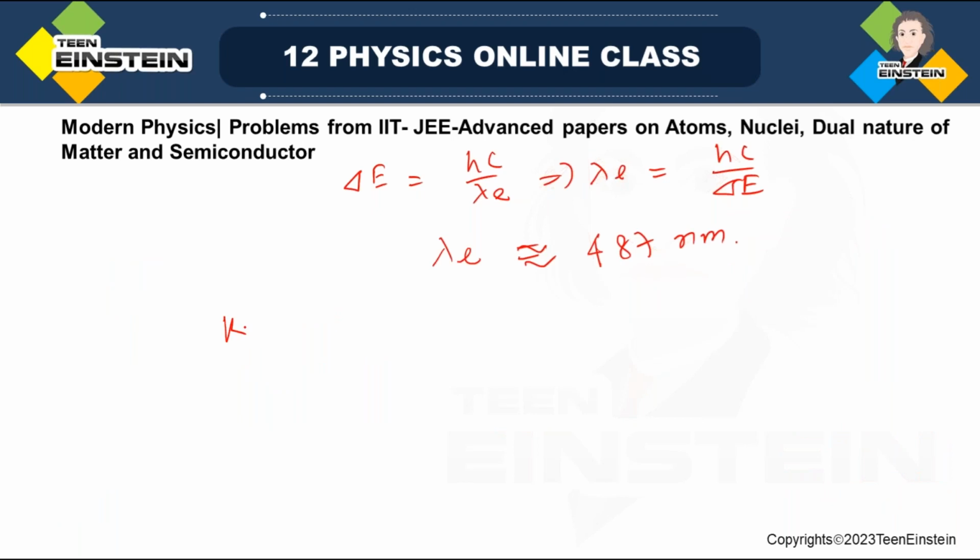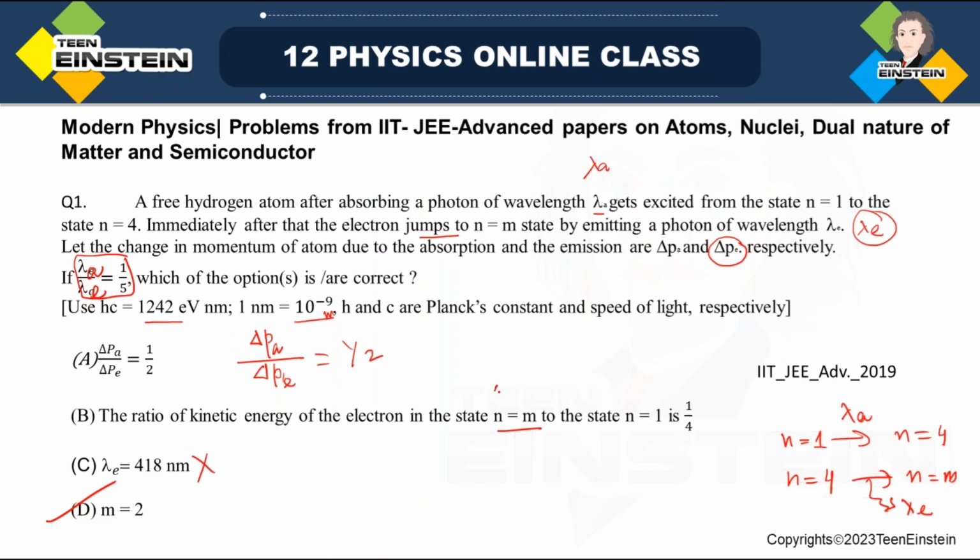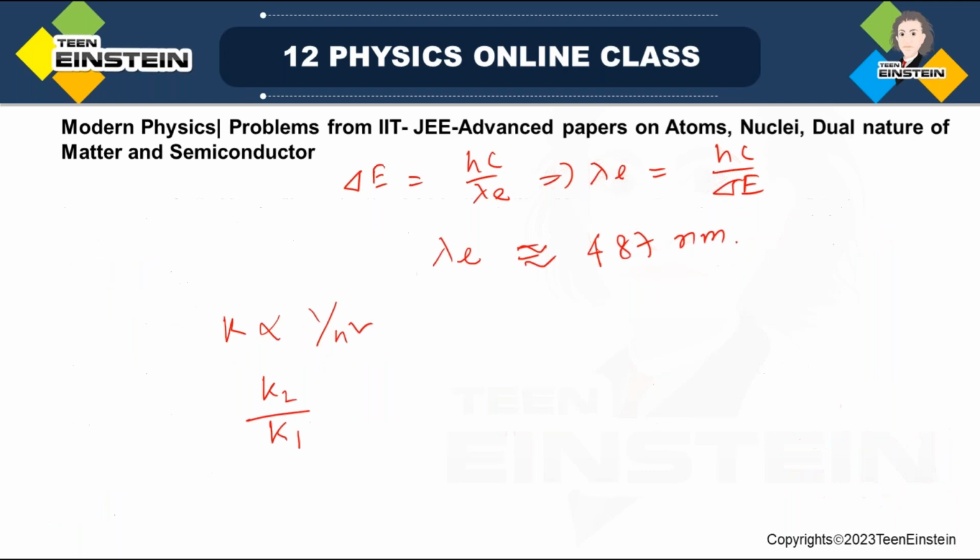The kinetic energy is directly proportional to 1 over n squared. Then if we take the ratio of K2 to K1, where K2 is the n equal to 2 state and K1 is the n equal to 1 state, the ratio will be 1 over n2 squared, so n2 is 2 and this is 1, so this is 4.